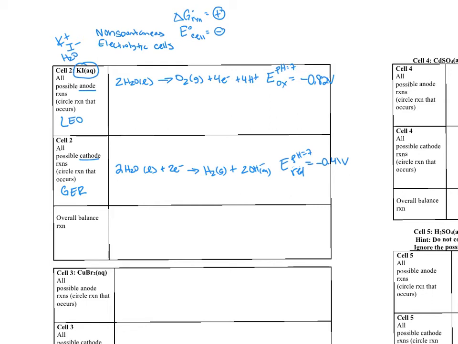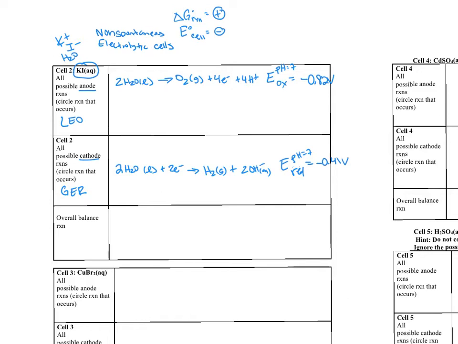So we always consider water at the anode being oxidized with an E ox at pH 7 of negative 0.82. At the cathode, we have the reduction of water, so water gaining electrons with a reduction value of negative 0.41. So write these down for every single cell.